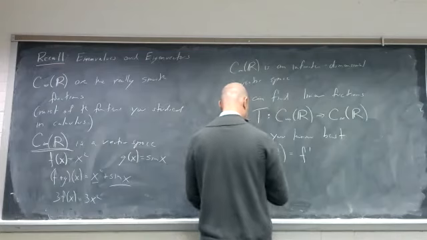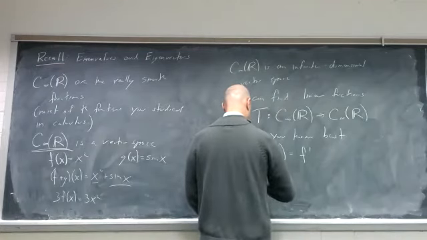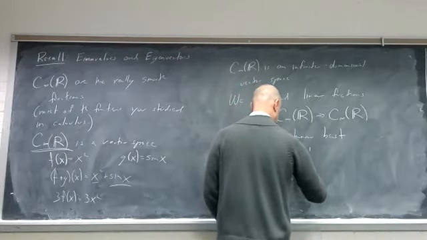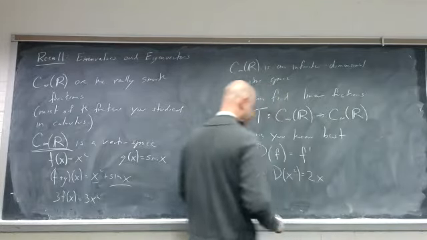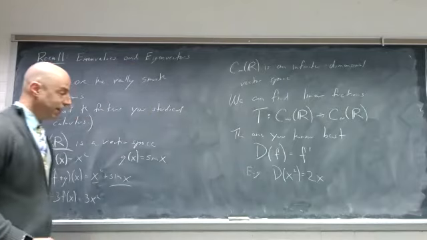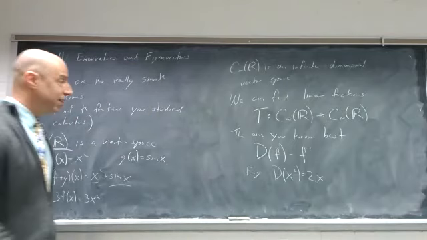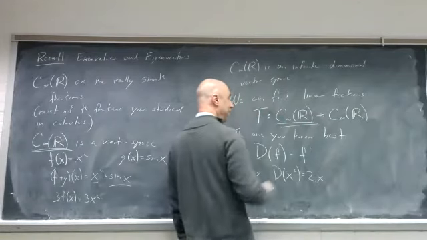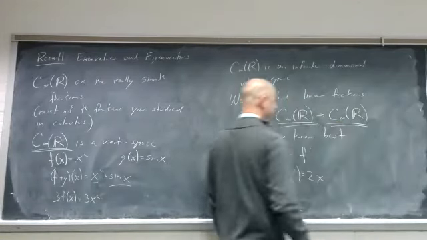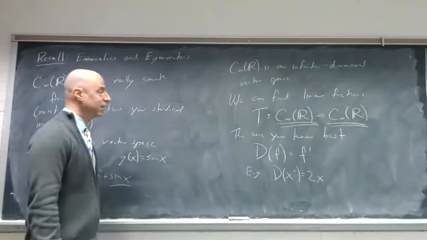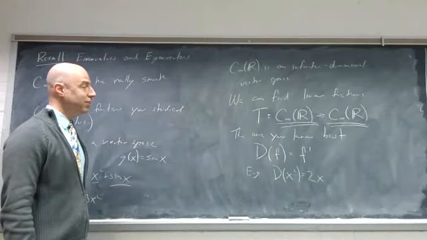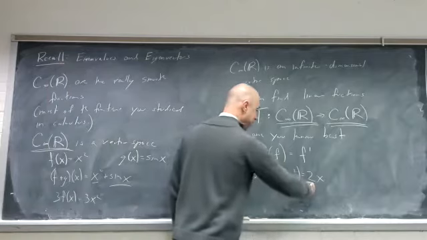So for instance, d of x squared is 2x. It eats a function and gives you back a function. It eats a vector in this vector space, the functions are vectors, and it gives you back a vector in the vector space. x squared is a vector. 2x is a vector.